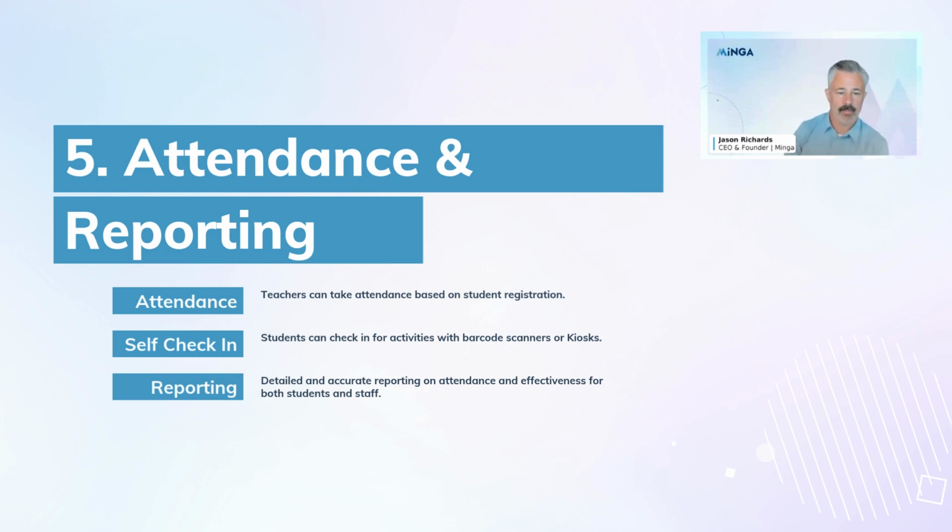So now it's the period, we've locked it down. Everyone knows where they're going. It's time to take attendance and get everyone checked in. This can work just like it does in your other classes. Teachers can take attendance based on both positive or negative based attendance. The really important part here is that we make it really easy for the teacher to take attendance, because we, of course, just pop up in My Class the students that are registered or assigned for that activity.